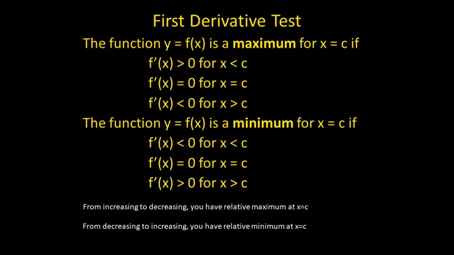If we're going to summarize this, or if we're going to use the information of increasing and decreasing: from increasing to decreasing, you have relative maximum at x is equal to c, or the critical point c. From decreasing to increasing, you have a relative minimum at x is equal to c.